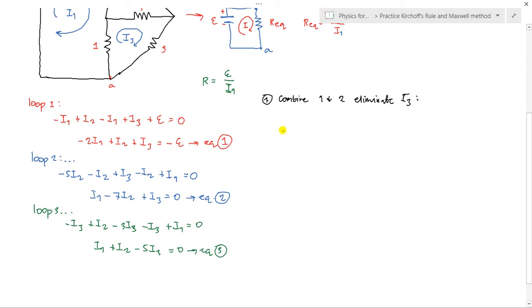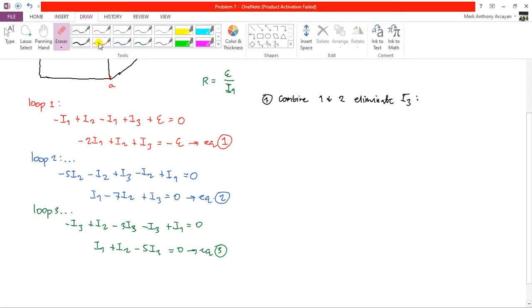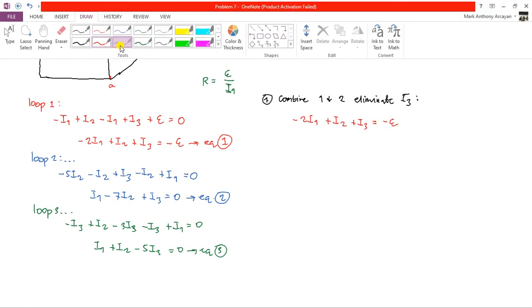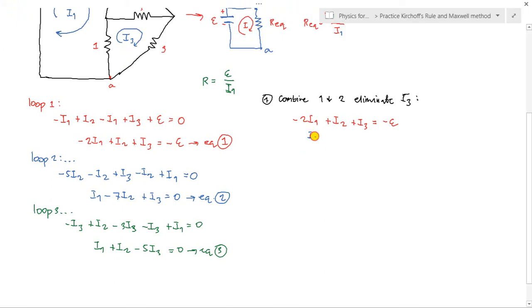Okay, so equation 1, negative 2I1 plus I2. This color is to help visualize it. So we have negative 2I1 plus I2 plus I3 is equal to negative E. Then for the second equation, we have I1 minus 7I2 plus I3 is equal to 0.